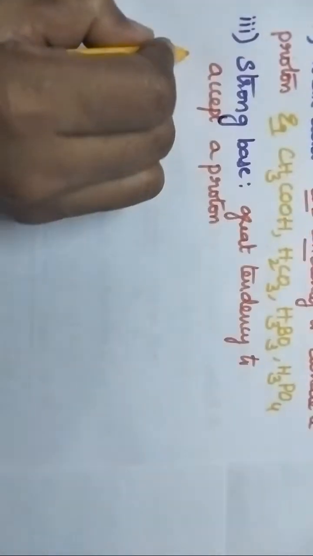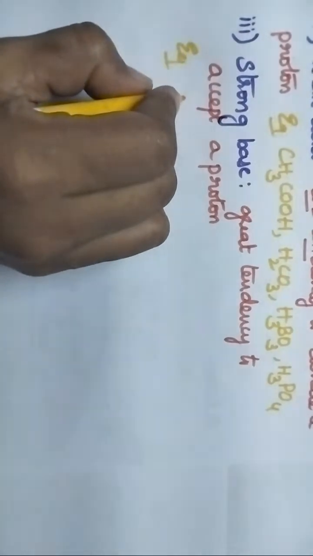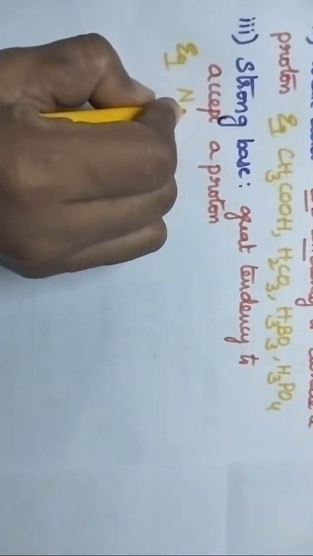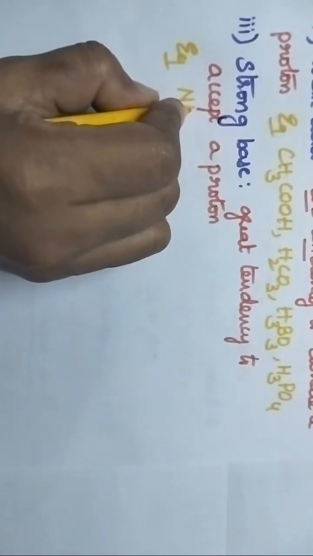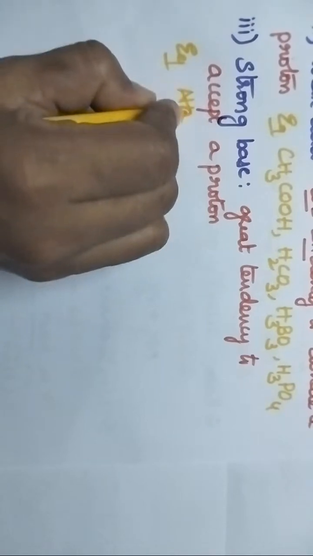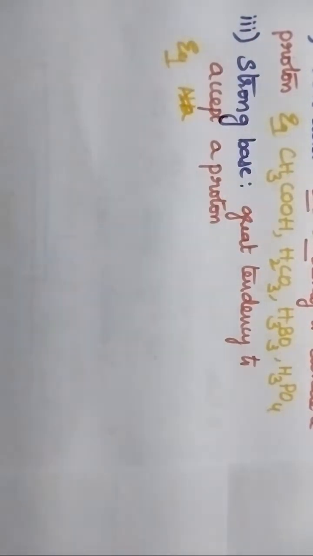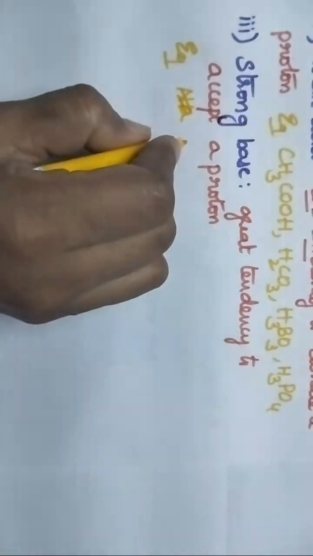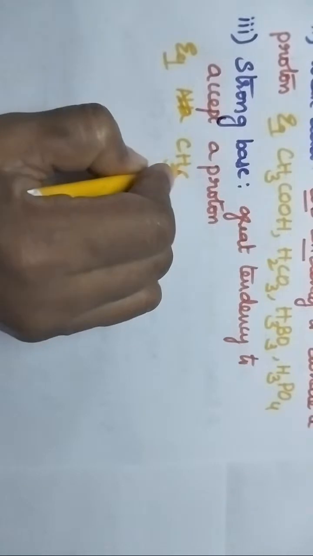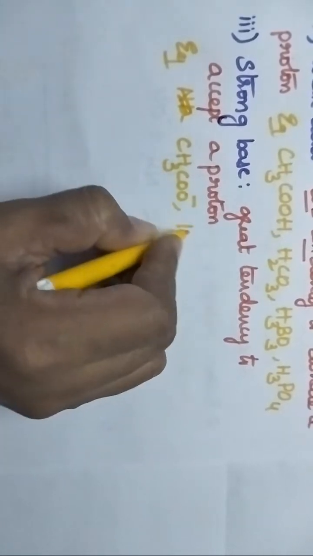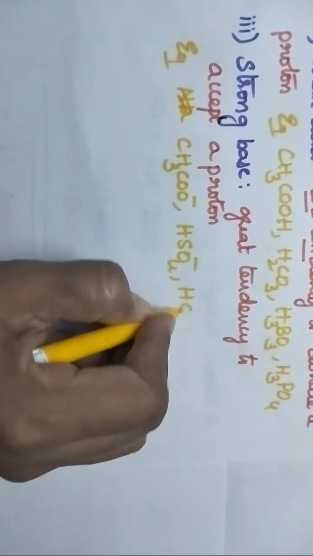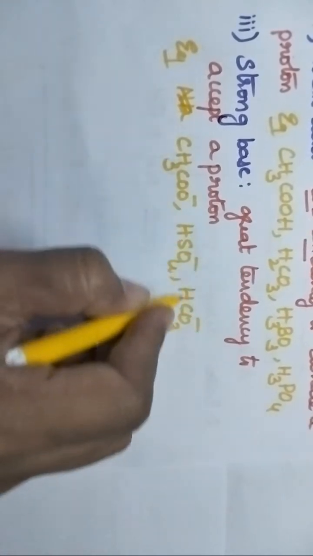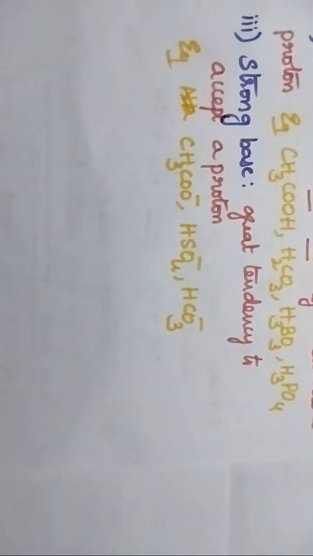Good examples of strong bases include CH3COO minus, HSO4 minus, HCO3 minus. They come under strong bases.